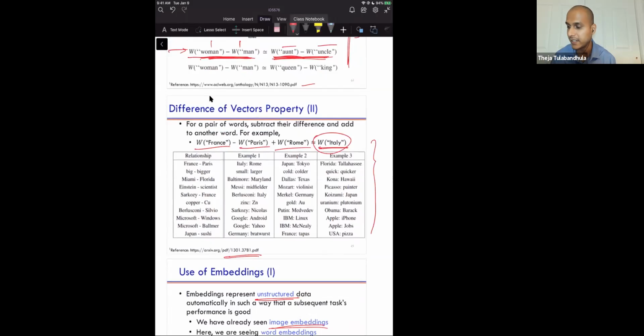France is to Paris and Italy is to Rome, right? So they can do this operation, vector 1 minus vector 2 plus vector 3 is similar to vector 4, which is a semantically related word. Okay, so this huge table is just saying the same thing. Okay, now different examples.